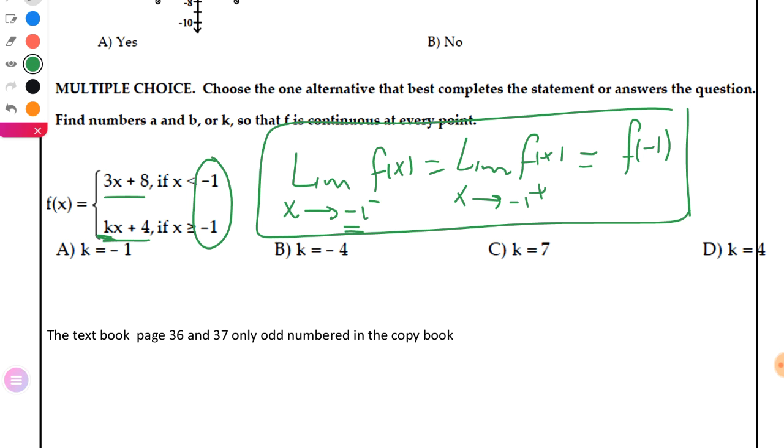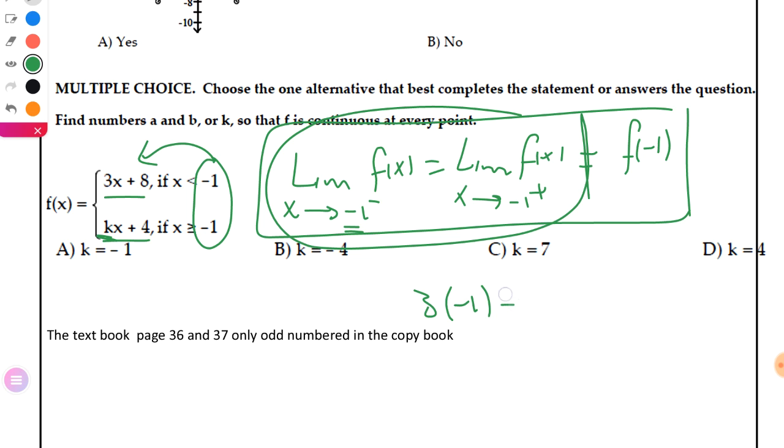To find the value of k, I have to get an equation in k. By solving this equation, I find k. I have to set the limit from the right equal to the limit from the left. To find the limit from the left, I have to replace here: 3 multiplied by -1 plus 8.